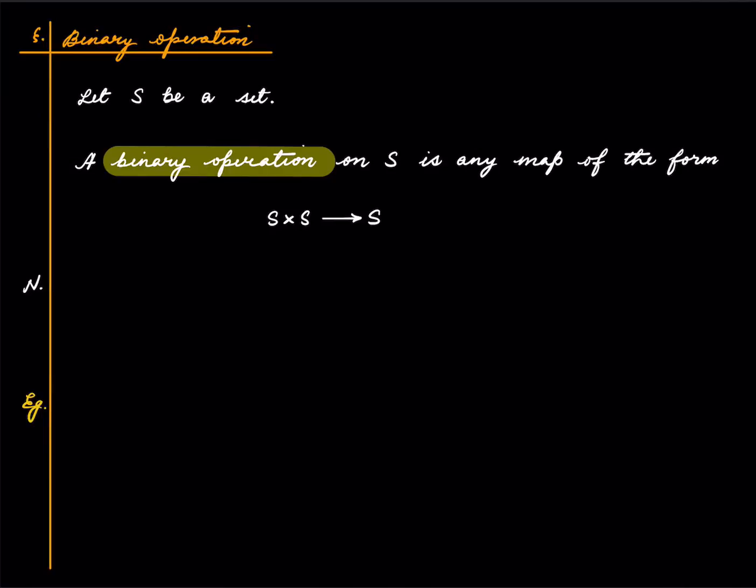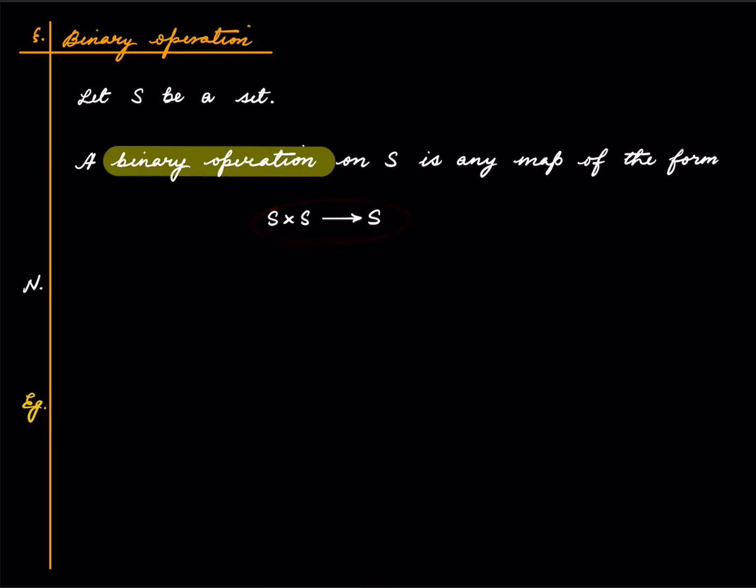All right. So before we define what a group is, let me define what a binary operation is. Let S be any set, some non-empty set, then a binary operation on S is any map of this form.